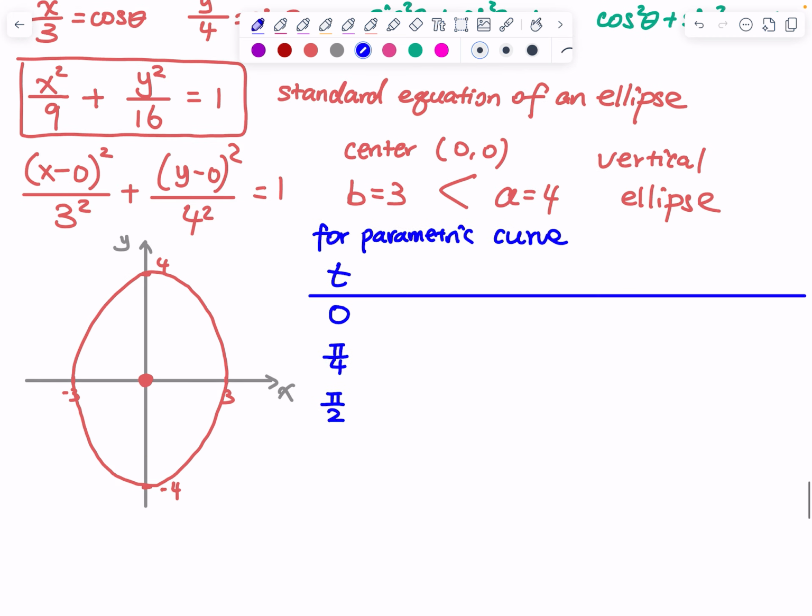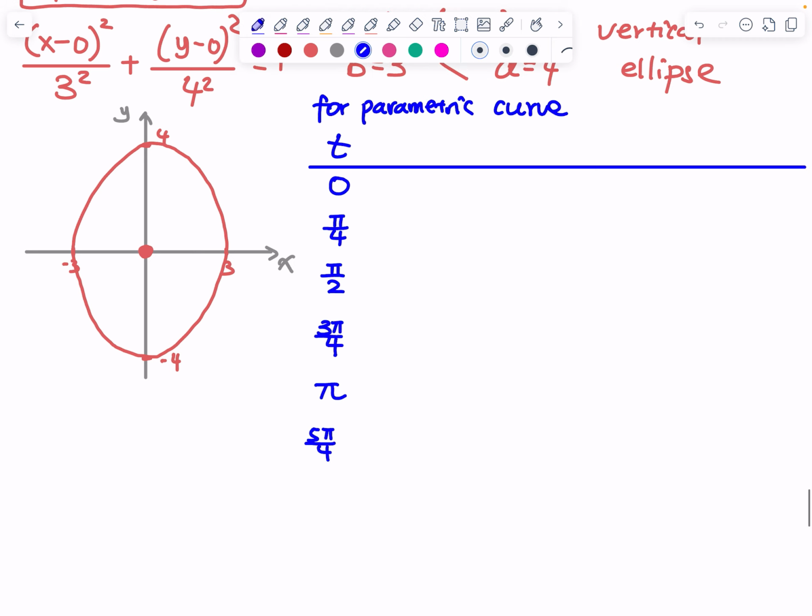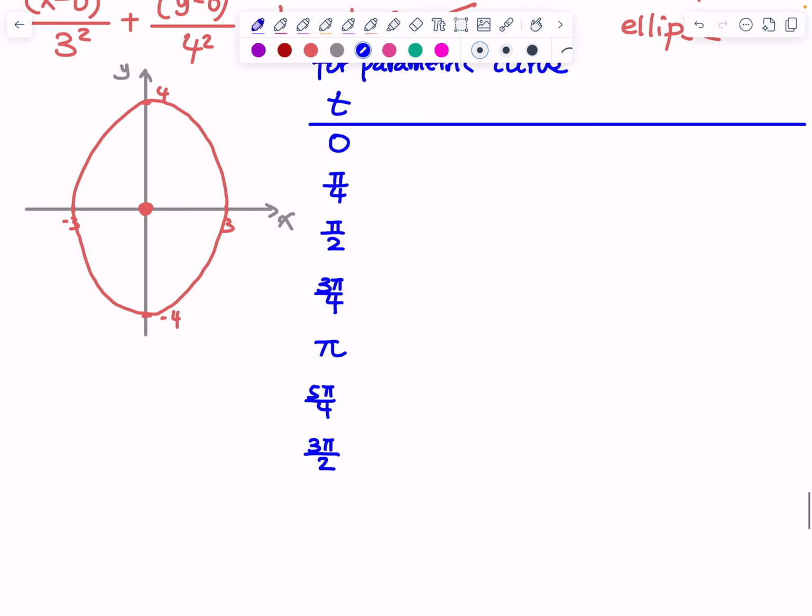And then the second quadrant, 3 pi over 4, and then pi. And then quadrant 3, I will do 5 pi over 4, and then I will reach the y-axis, 3 pi over 2. This is from the unit circle. And then from 3 pi over 2, I will go to 7 pi over 4, and then I will return to 0, which is 2 pi.